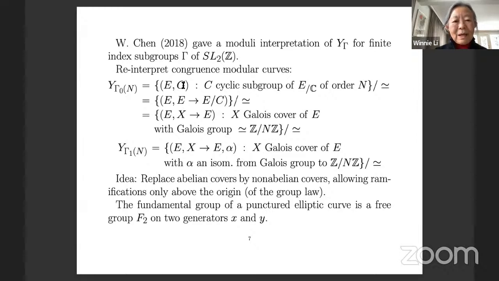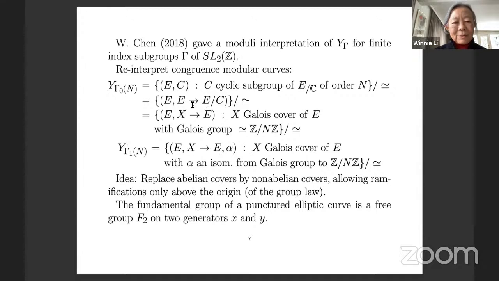So another way to see that group C is that instead of C, we look at E mod C. So we think of that as parameterizing E and an isogeny from E to E mod C, whose kernel is cyclic of order n. And if we have an isogeny from E to E mod C, then we can consider its dual isogeny.